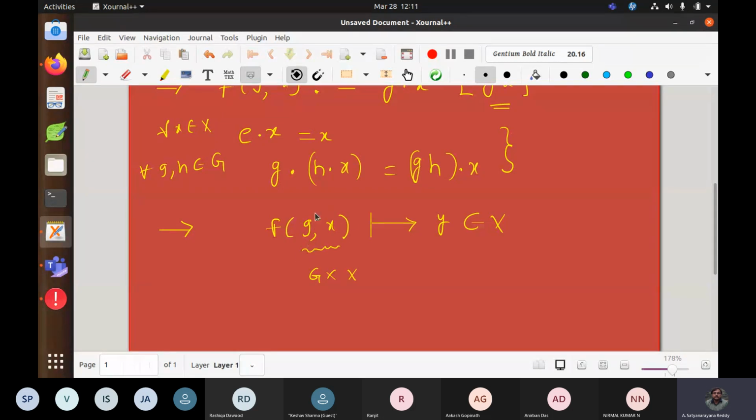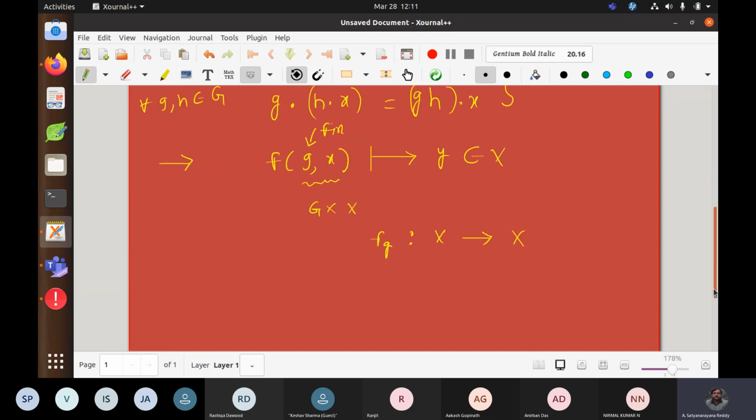So here now if I fix g, and I keep changing x, then this becomes a function of capital X, that I denoted as Fg. So now Fg becomes a map from X to X.